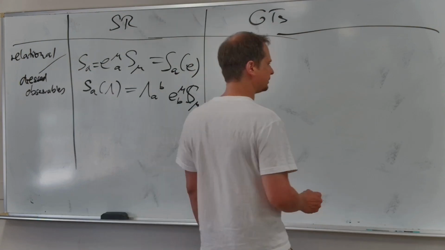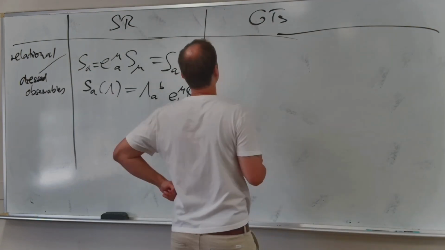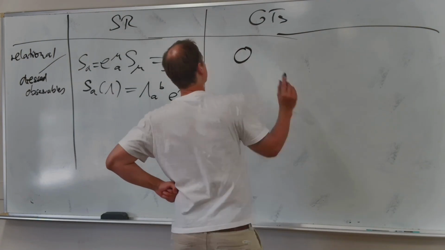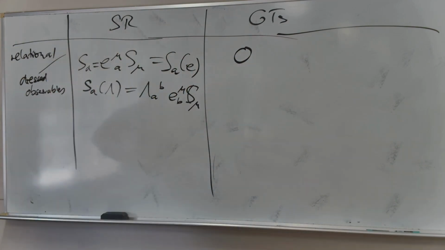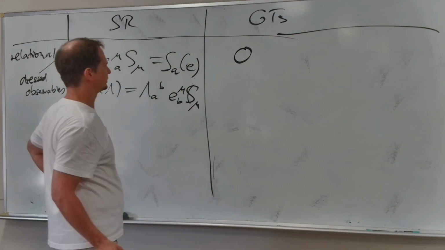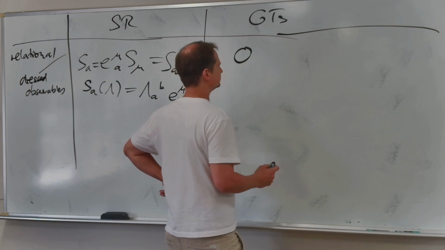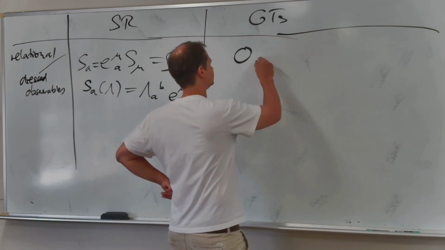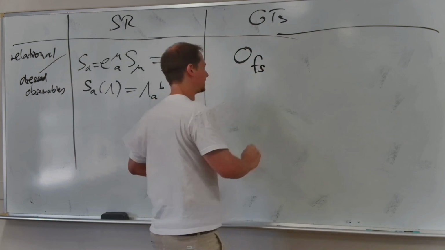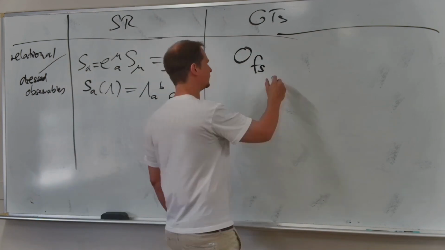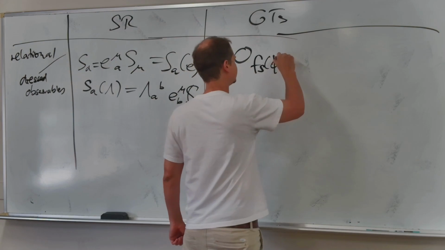And now, we're going to look at relational observables, and suppose we have such a frame, let's call it F_s again, and F_s is somehow a functional.